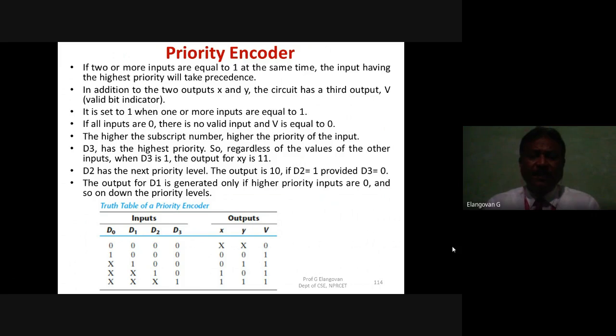When D3 is 0, D2 is 0 and D1 is also 0, only then does D0 get a chance. Otherwise, when D3 is 0 and D2 is 1, D1 and D0 cannot be considered. These are the priority levels.